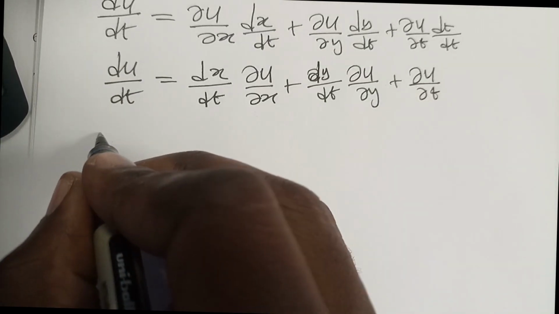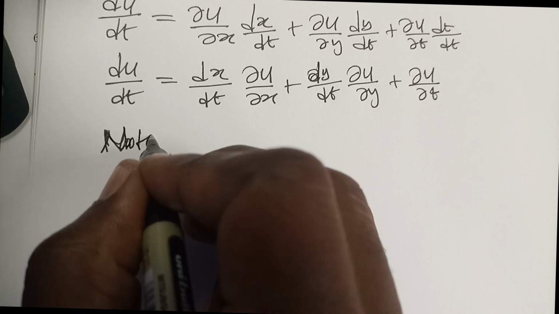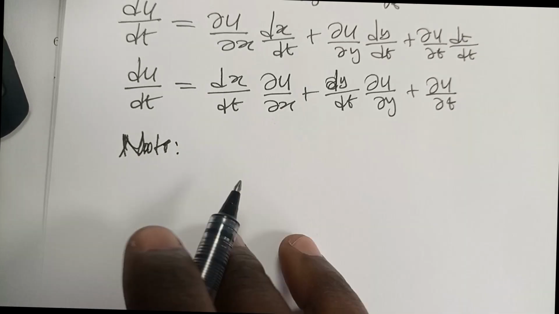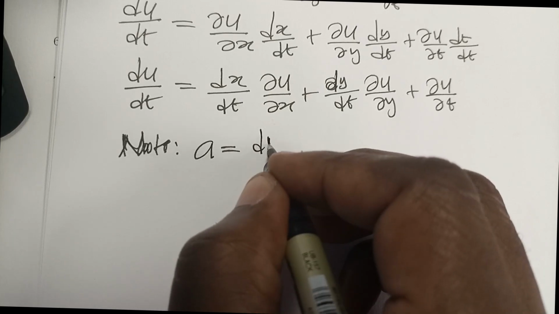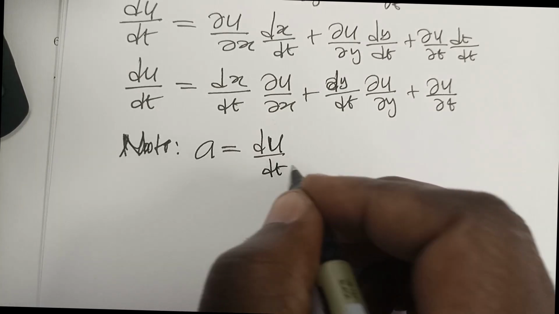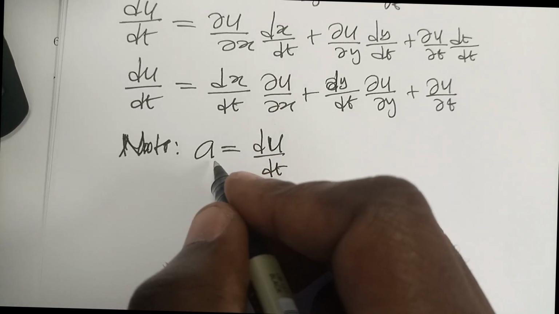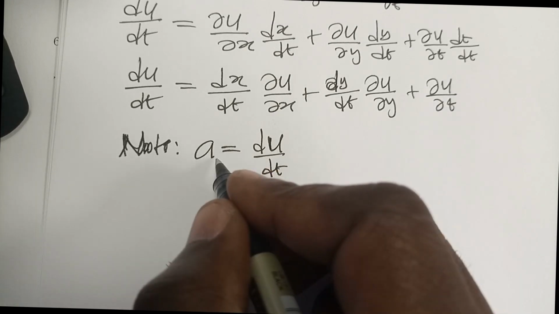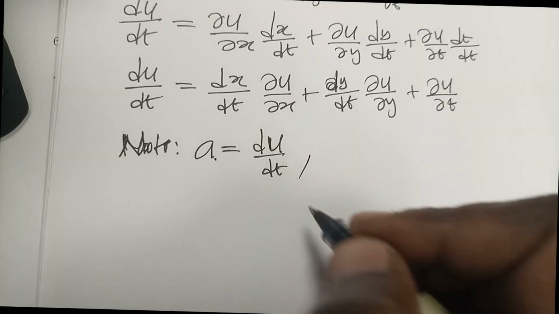But note that acceleration is equal to the change in velocity over the change in time. This is the acceleration along the x, given by this formula.